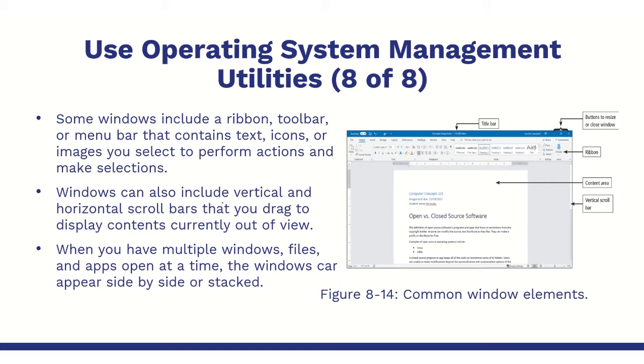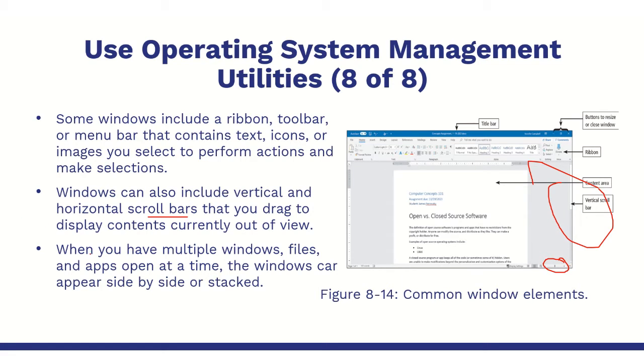Windows can also include vertical and horizontal scroll bars. You can see in Microsoft Word, for example, there is a vertical scroll bar, and if you expand this font size, then at some point you can see the horizontal scroll bar as well.